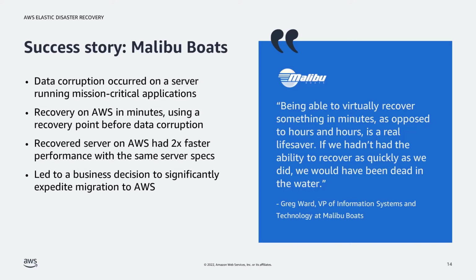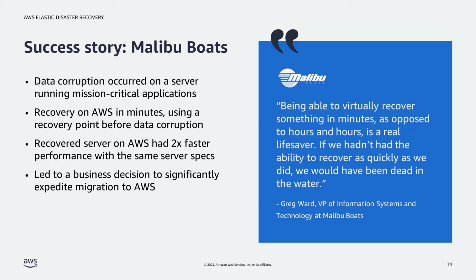One of the things they mentioned to us was they had a disaster on-premise, and they spun up their servers and recovered the servers in AWS. What they found out was when they ran it in AWS, it was 2 times faster in performance than what it was running on premise.